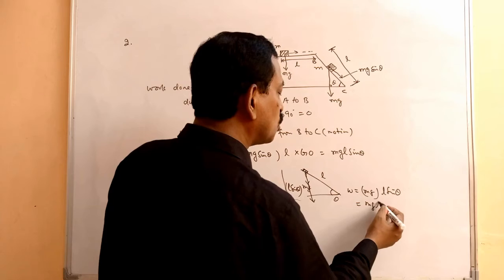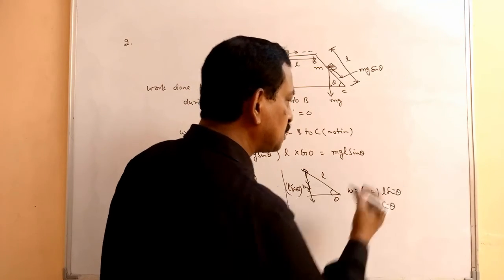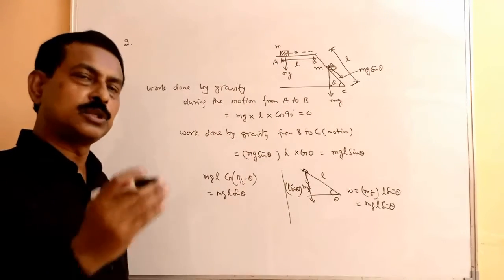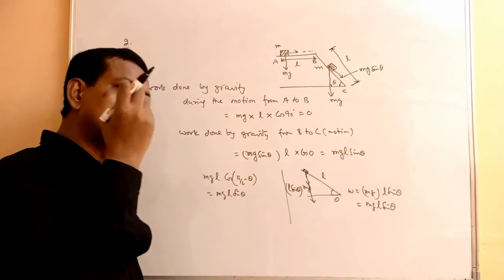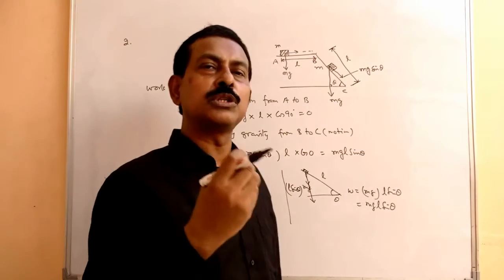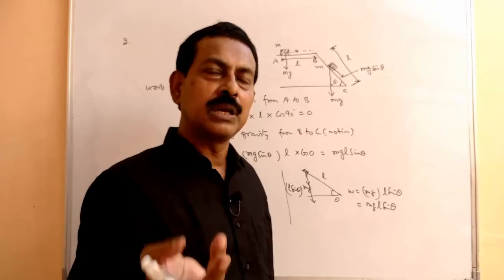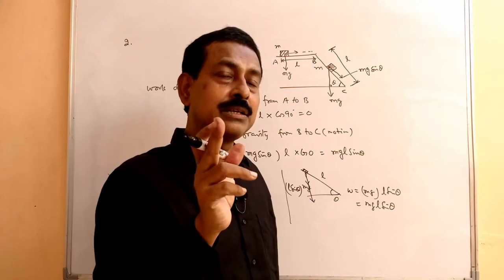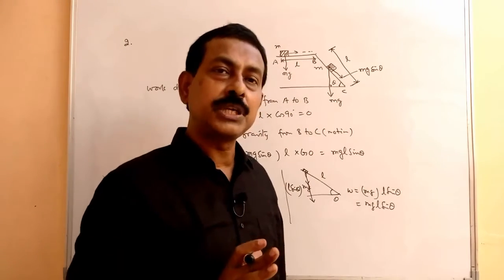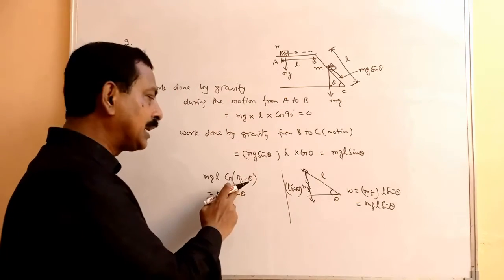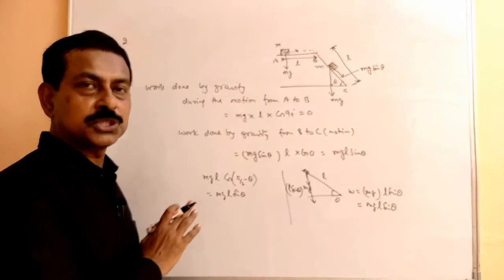So that way also you can get same expression. So you can get this expression by using either the basic definition W equals to Fs cos theta, change the value of the angle there according to the given condition. So there, if you take that as 90 minus theta, you will get this expression.